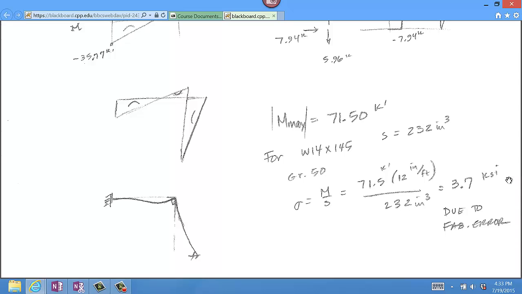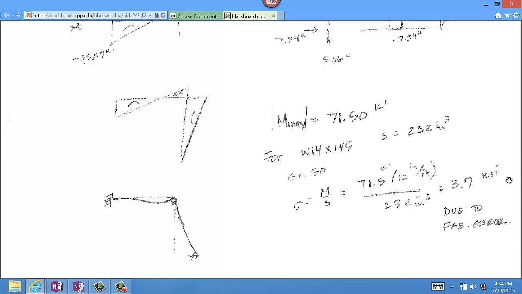So this 3.7 KSI is consuming anywhere from 12 to 15% of your allowable range. And so fabrication error can be problematic. All right, so it's important that you can handle that in your analysis as well.